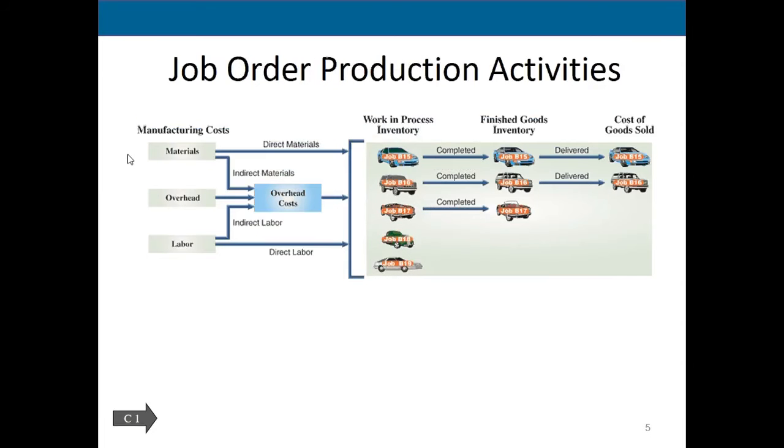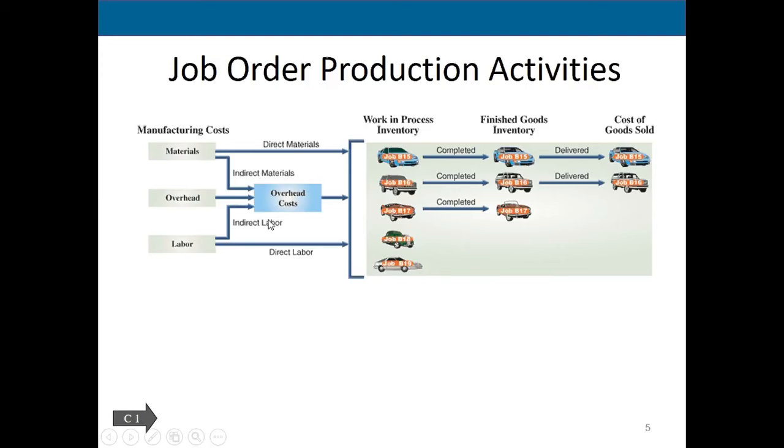This is just a little bit of job order production activities. We really stopped here in the last chapter, explaining the types of costs that happen in the factory. These are your product costs: material, labor, and then overhead. Remember, overhead is defined as anything that's not direct material or direct labor that happens in the factory.